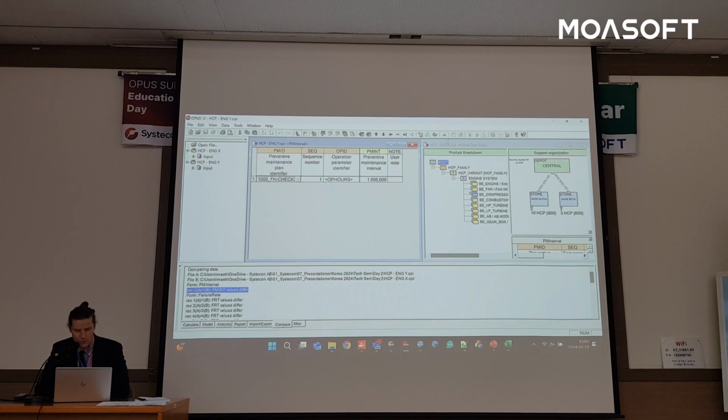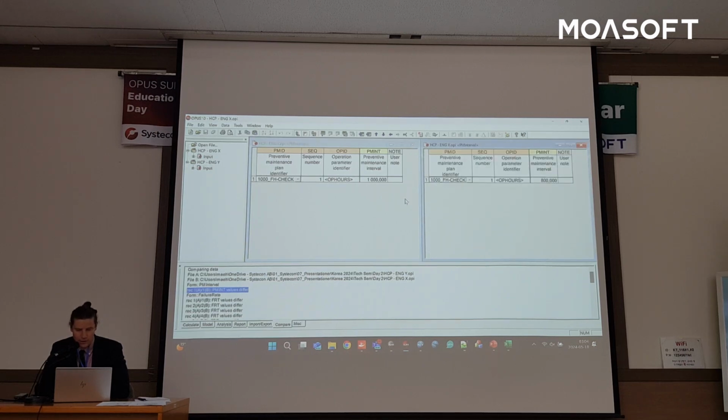So now I'm only showing the table itself, the data in the table. And you see here, the column PM interval, the value is differing, and that's the time between the preventive maintenance scheduled tasks. So it's 1,000 for the Y alternative, and it's only 800 hours for the X alternative.